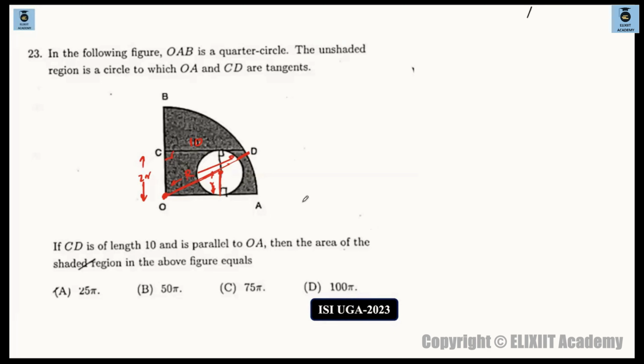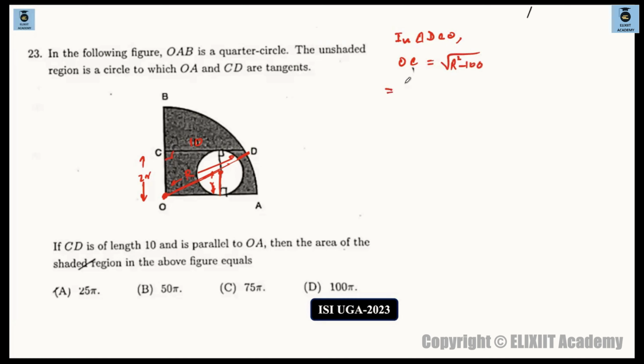One thing we can do from here, in this triangle DCO we can use Pythagoras theorem to find some relation. So in triangle DCO, OC will be root over of R square minus 100.